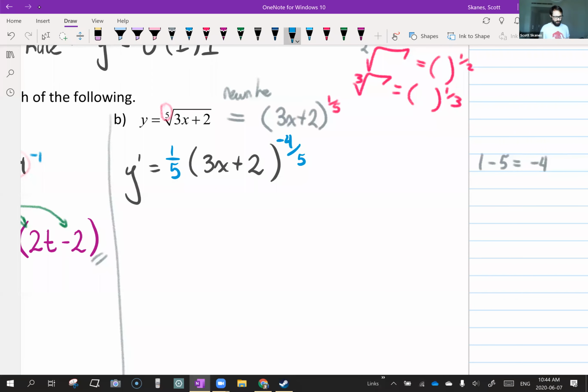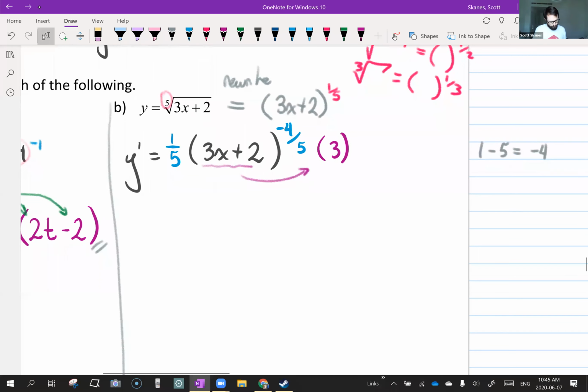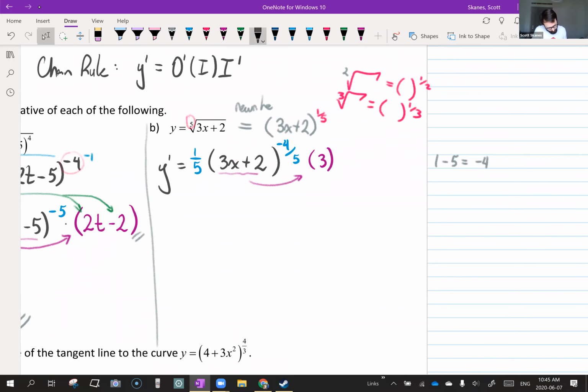Okay, where am I? What am I doing? Okay, yeah, I need to now get the derivative of this inside. So the derivative of this is, let's see, 3. This would be a case where you definitely want to simplify because that 3 is so simple to simplify. So let me go one step further and do a simplification.